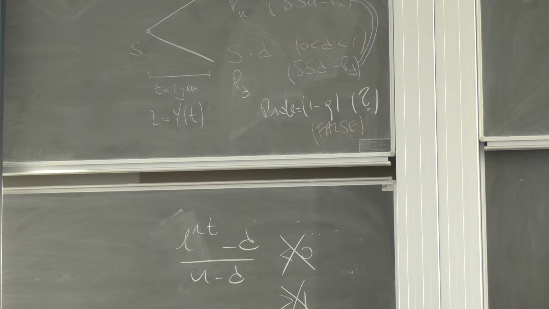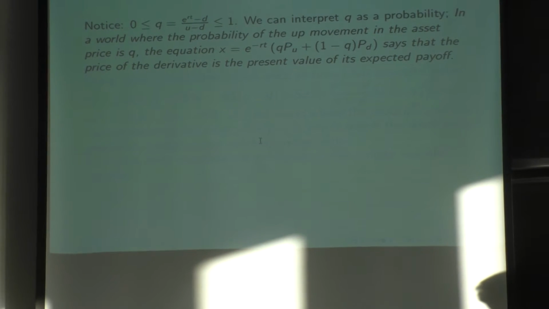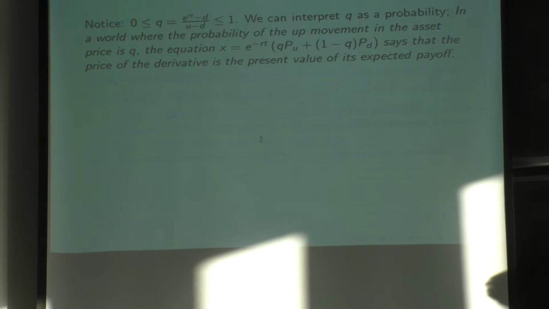Before we figure out the probability of what, let's do what we've done before I came to this slide. Let's ask ourselves, what is the meaning of this expression we had for the price of the derivative? We take the expected payoff of the derivative and multiply it by e to the minus rt.